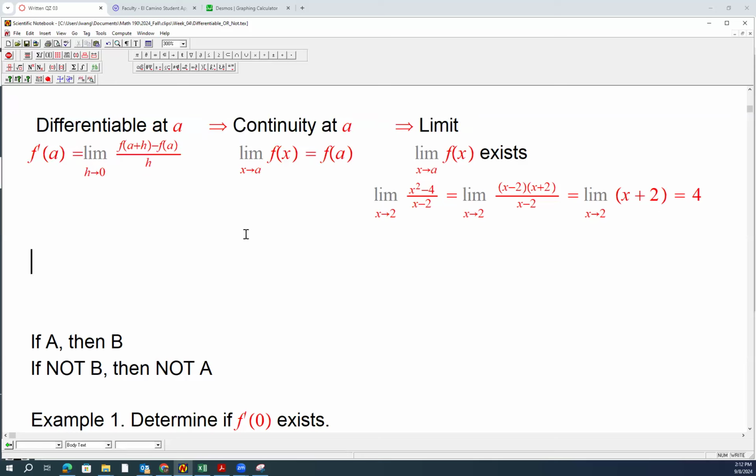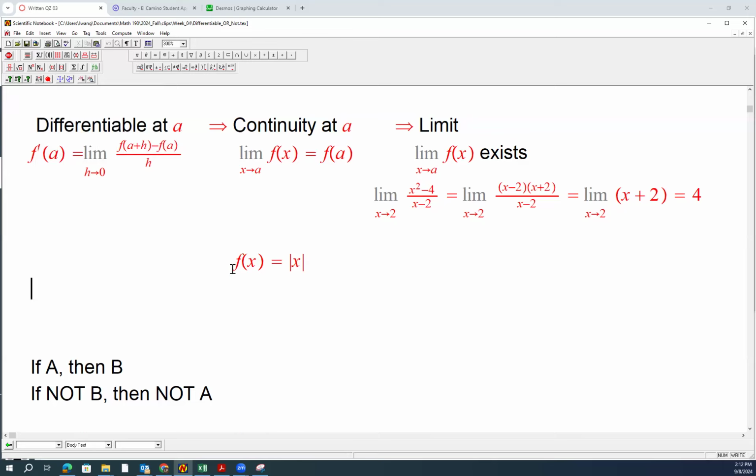We have a perfect example which we talked about: the absolute value function that we all know very well. This function is continuous at 0, but it's not differentiable at 0.